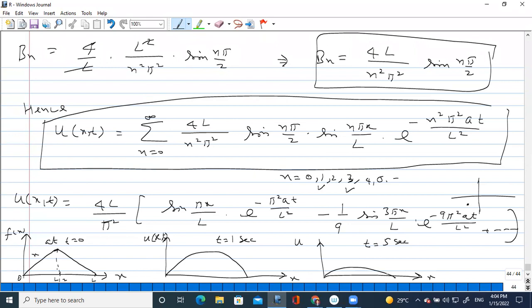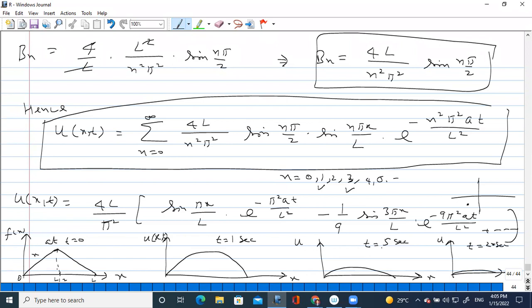The shape will be sine only because the first term is sine, but due to this exponential, it is more negative now, exponentially decaying. So it will become like this. If I ask you after 20 seconds, so after 20 seconds, this will be reducing more and it will be like this. So like this it is reducing.